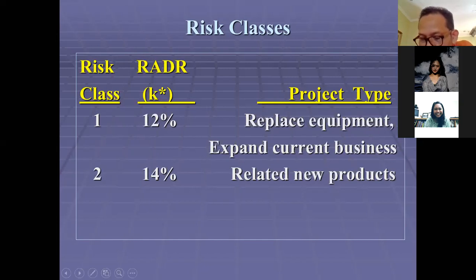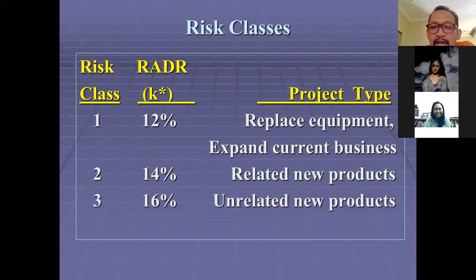You know that some of the products released by a company are usually not really wanted, customers don't want to buy the product. You can see that in the market actually. So this is considered higher risk, which is why you have to adjust to become 16% here, which is higher than this.